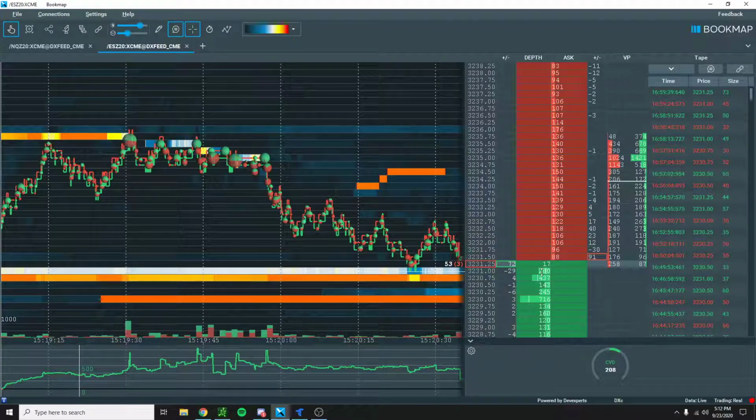But if they want to add 100 contracts, you would see positive 100 here. Same thing up here. If somebody doesn't want to sell 130 anymore, you would see minus 130. If they want to add 100, you would see positive 100. Very simple.